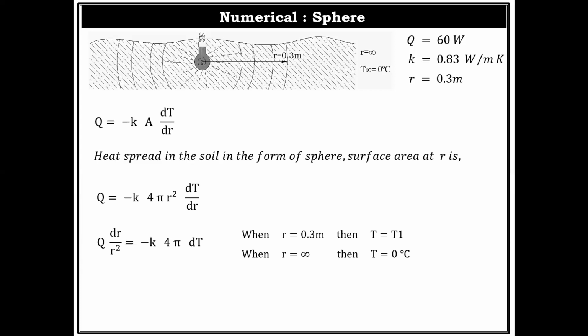So we will integrate this equation within these limits. It will be like this: integrating within the limit 0.3 radius to infinity, Q dr upon r square is equal to integrating within the limit from temperature T1 to 0 of minus K 4 pi dT.